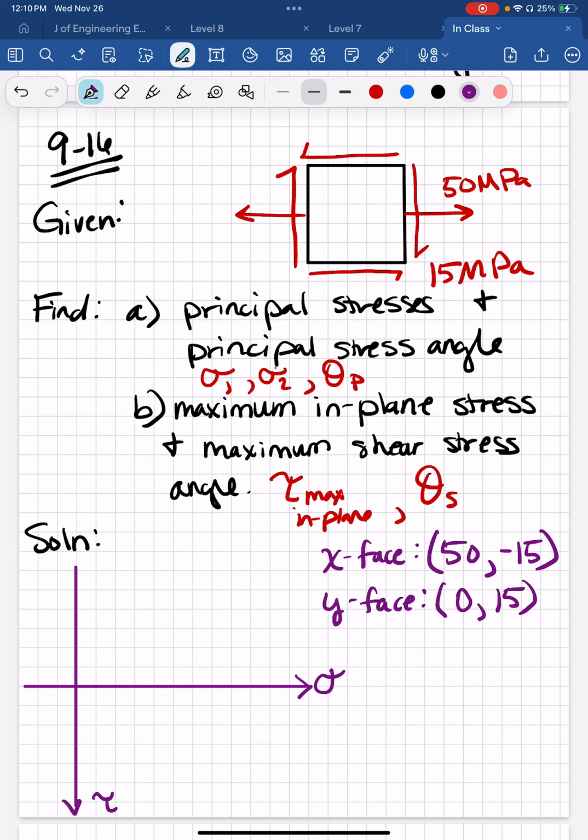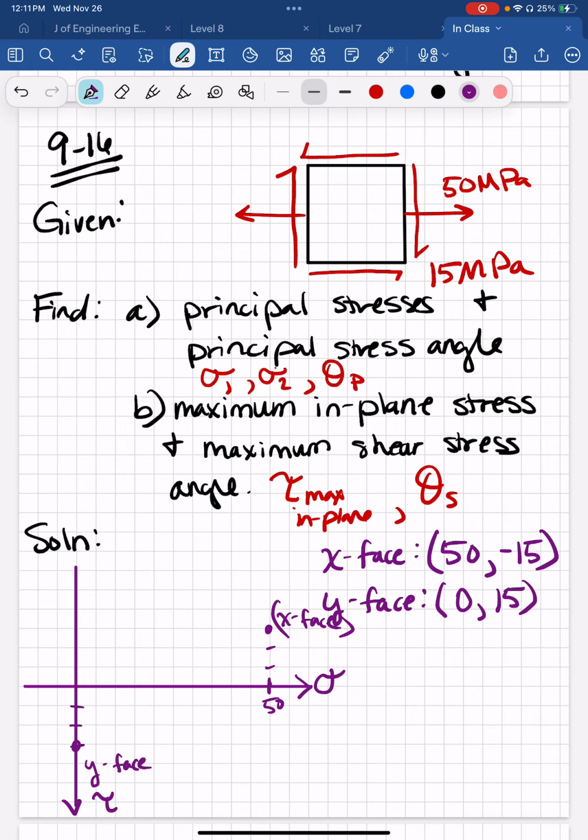So do 50 here, and then negative 15, to here. That's the x face. And then the y face is 0, and it's positive 15. So 5, 10, 15. That's the y face.